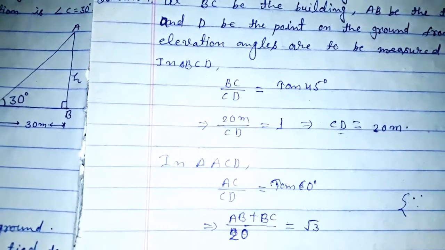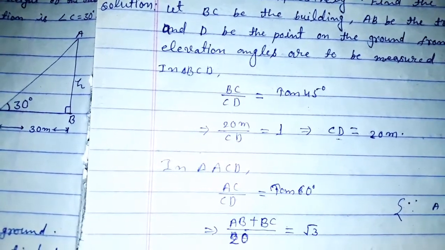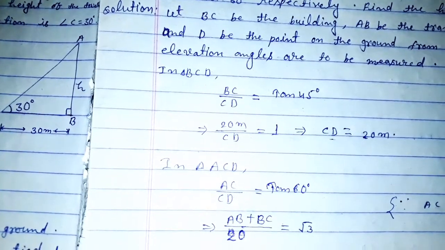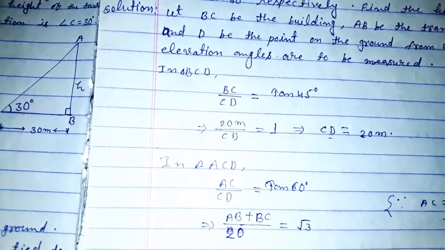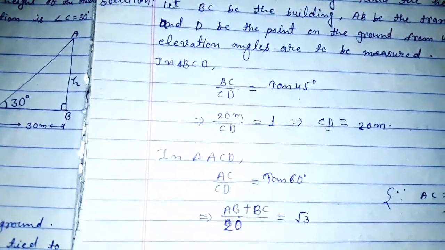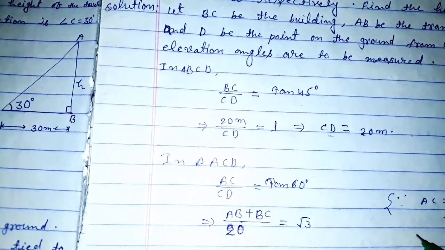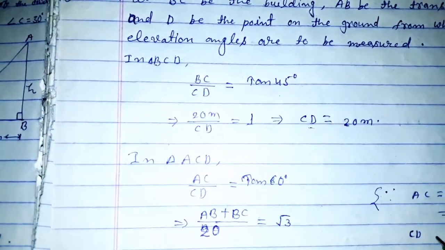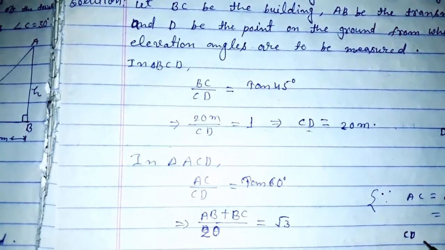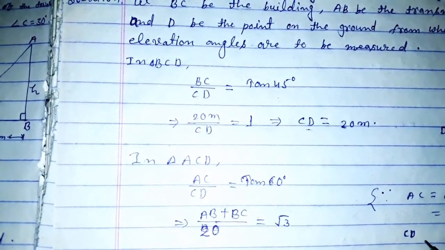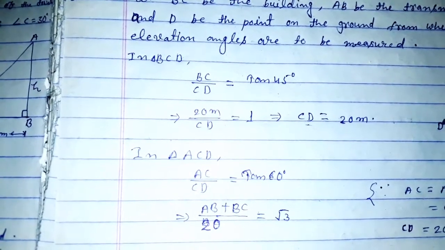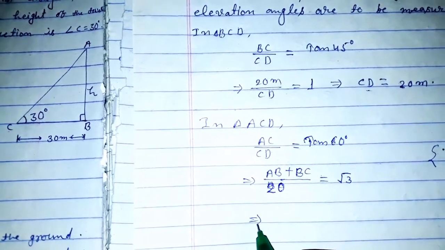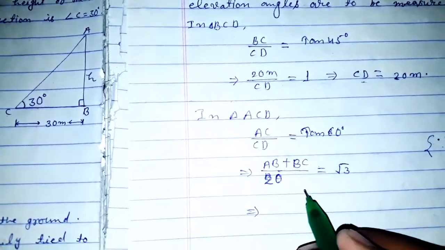Here AC is equal to AB plus BC. So AB plus, what is the BC? BC is 20 meters and CD is 20 meters. So that implies, take the cross multiply.